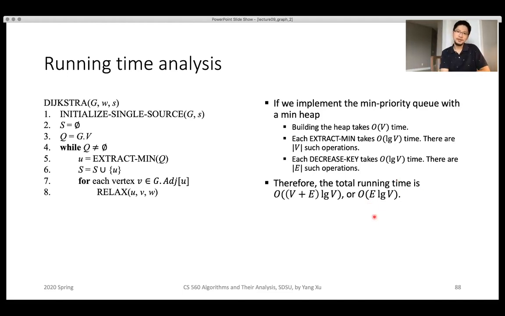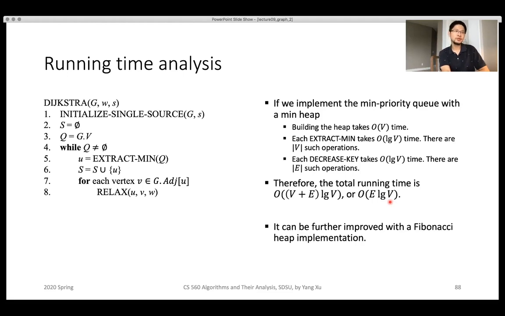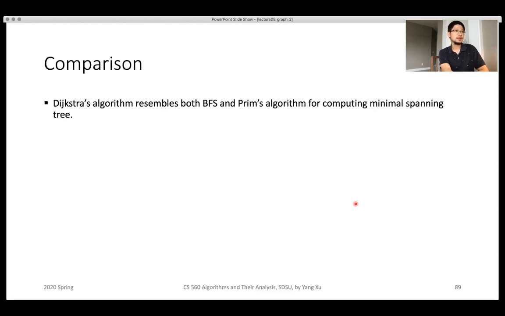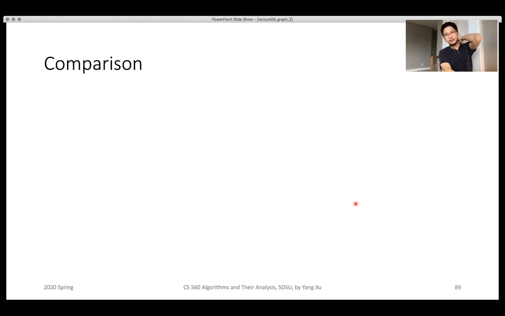So it's E times the logarithm of the number of vertices in the graph. All right, so that's so much for Dijkstra's algorithm. Also, this can be further improved if we use some more advanced techniques.